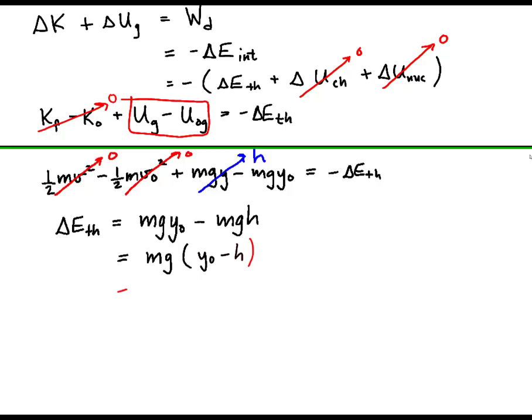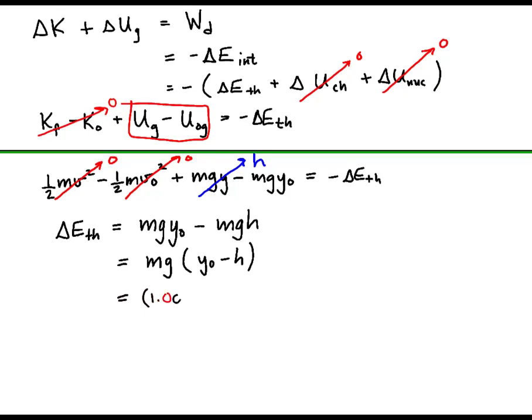Let's go ahead and plug in numbers to see what we have now. The object's mass was 1 kilogram. The free fall acceleration due to gravity is 9.80 meters per second squared. The initial height of the ball was 10.0 meters. Final height of the ball was 7.0 meters.